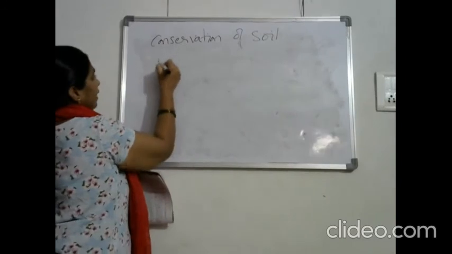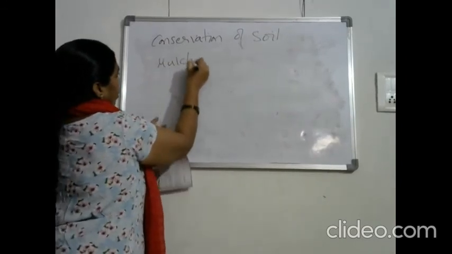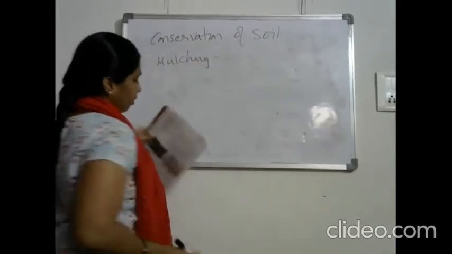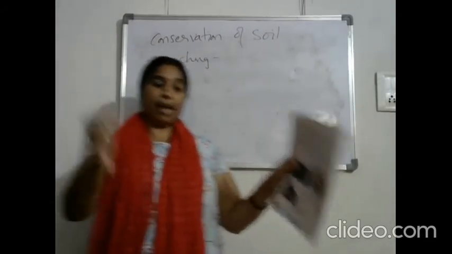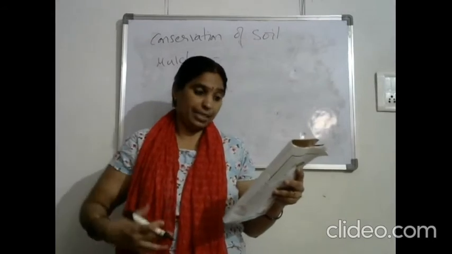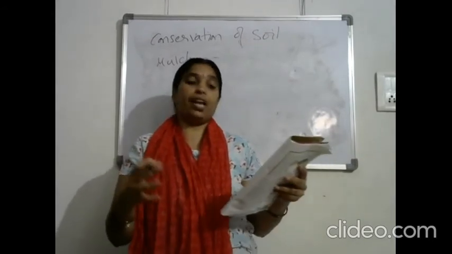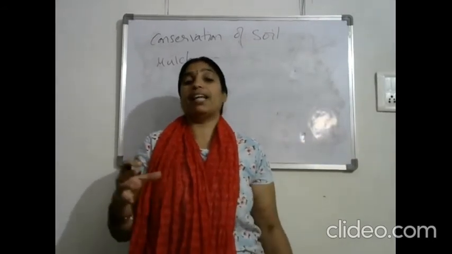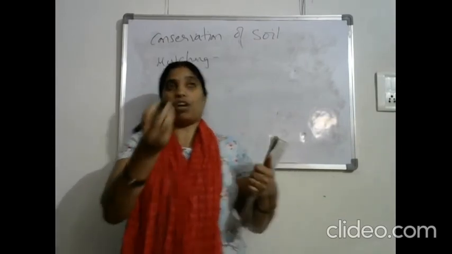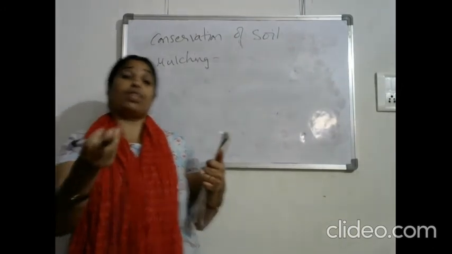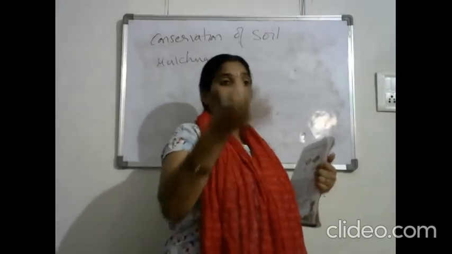Mulching. What do you mean by mulching? Mulching means the bare ground between two plants is covered with a layer of organic matter like straw.